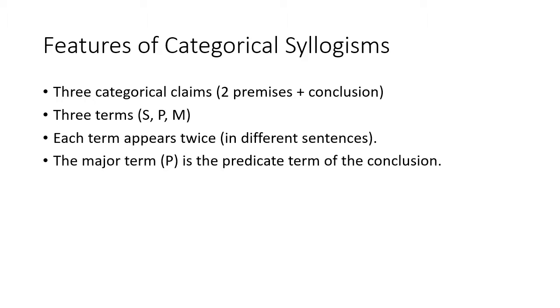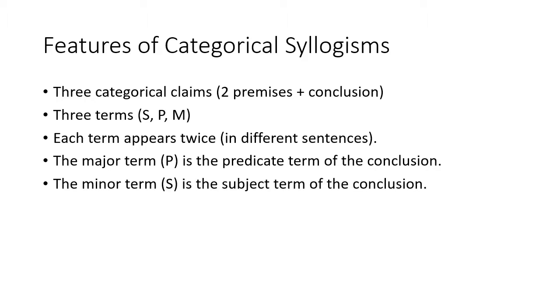So one of the terms, which we refer to as the major term, which we indicate with a P, is the P because it's the predicate term of the conclusion. If you want to know what the major term is, you just look at the conclusion, and whatever the predicate is, that's going to be the major term. That term is the predicate of the conclusion, and then it'll appear in one of the premises.